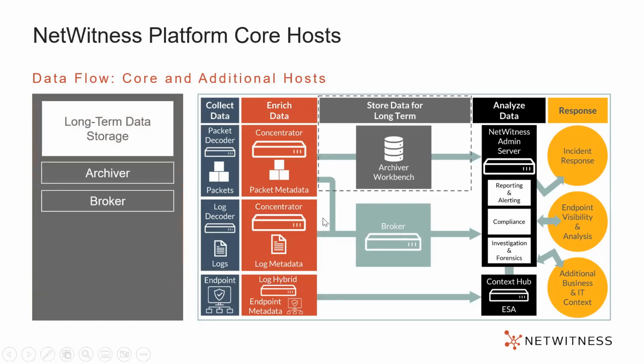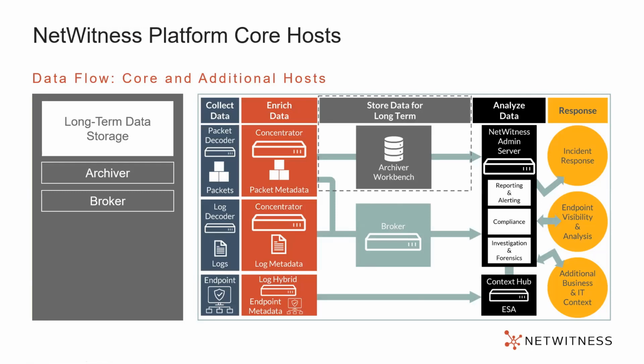It is helpful in enterprise sites with multiple collection points and can aggregate concentrators across separate geographical locations. You can consider the broker as a virtual proxy to aggregate information coming from multiple concentrators. And also here an important point to mention is that the broker is not used for storage, but its placement here in the diagram is based on the NetWitness data flow.